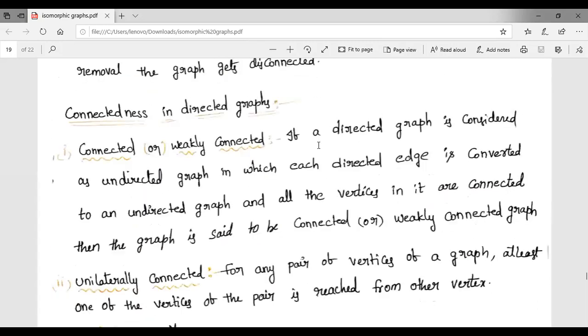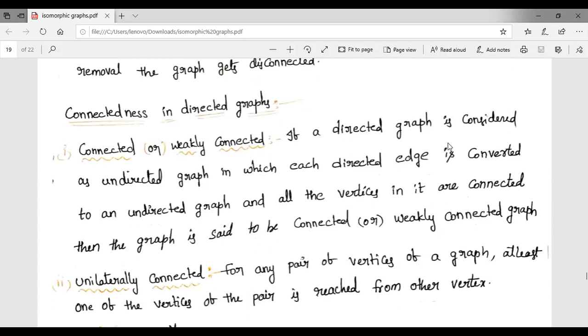Next definition, connectedness in directed graphs. Directed graphs means the given graph with directions. Connectedness in directed graphs: connected or weakly connected.